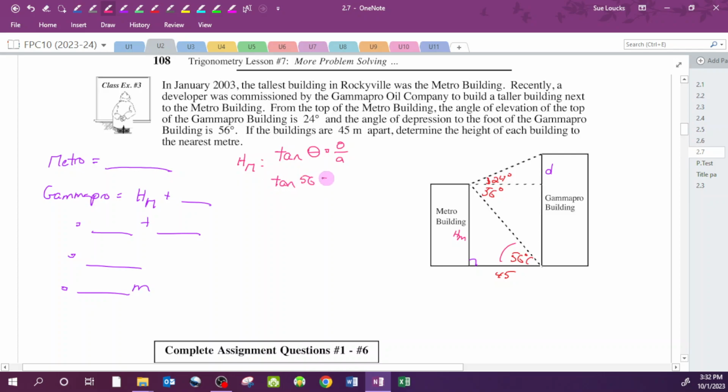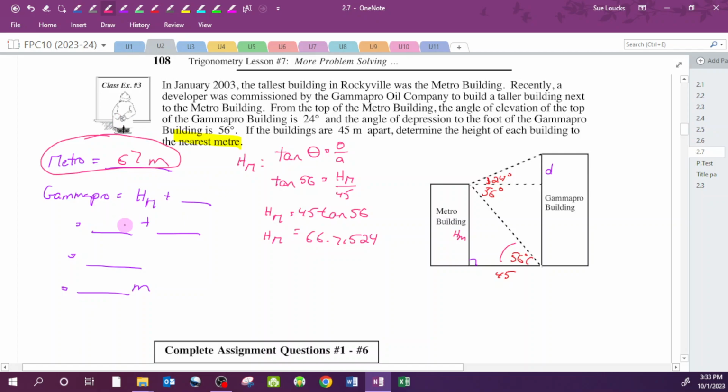Tan of 56 is going to be the height of the Metro over 45, so the height of the Metro is 45 tan 56, which is 66.71524. I can come up here and round this one because I'm going to the nearest meter. This is going to be 67 meters. So there's one of my answers.